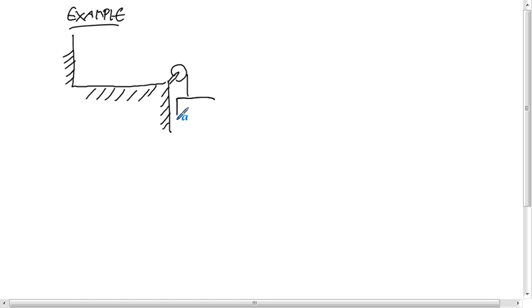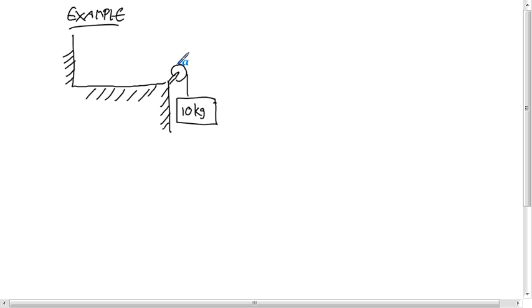So let's say there's a pulley here. This is all just walls and ground and stuff. And there's a cable attached to a mass. Let's say this mass is 10 kilograms.